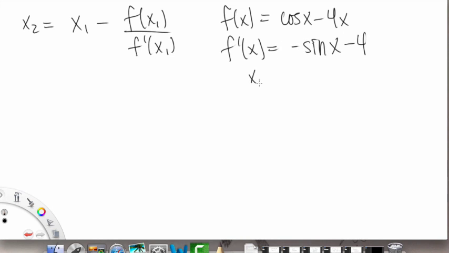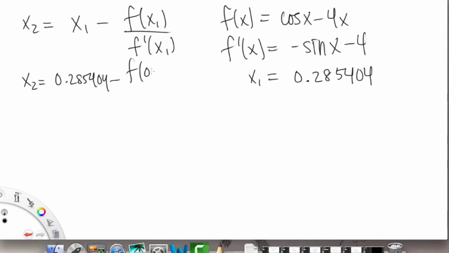And just a reminder, x sub 1 is equal to 0.285404. So we plug 0.285404 into everything: minus f of 0.285404 over f prime of 0.285404.